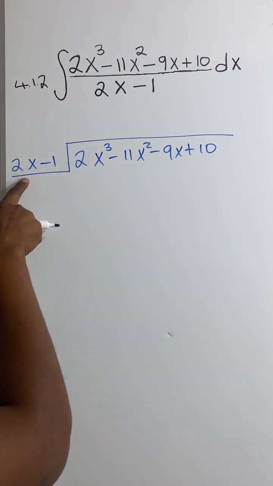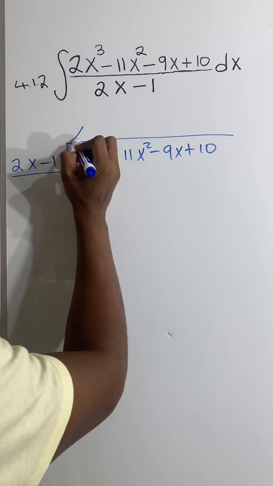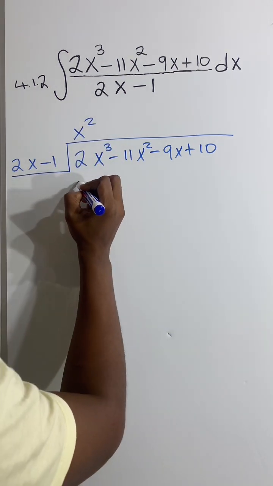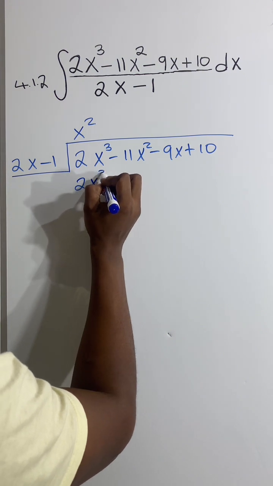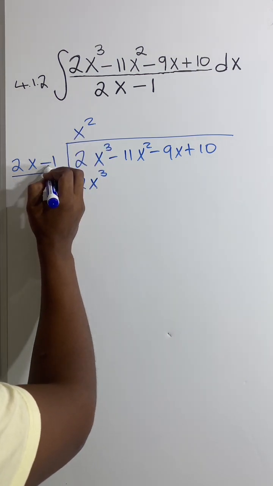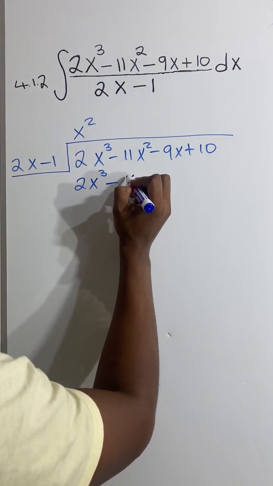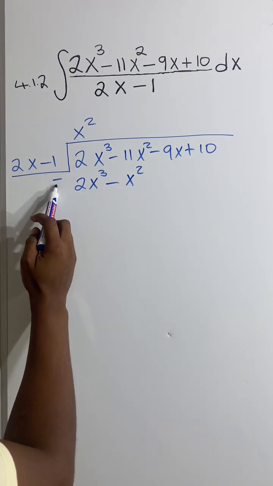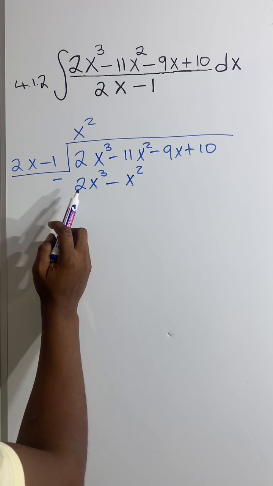2x cubed divided by 2x is equal to x squared. x squared multiplied by 2x is equal to 2x cubed. x squared multiplied by negative 1 is equal to negative x squared. 2x cubed minus 2x cubed is equal to 0.